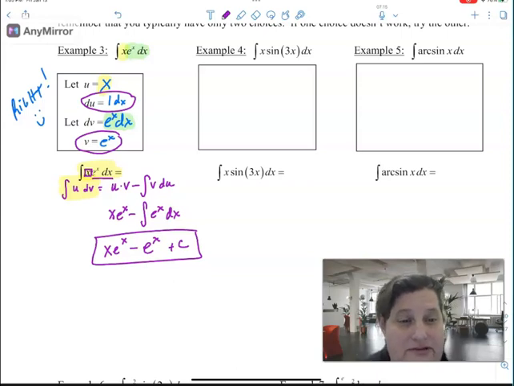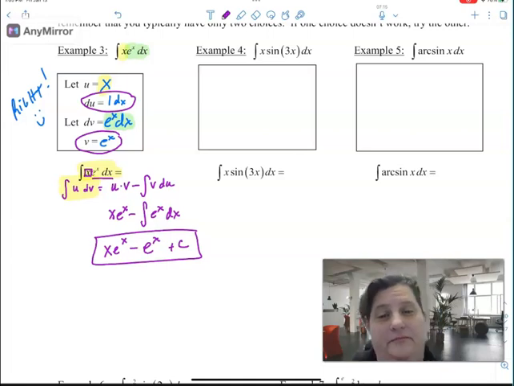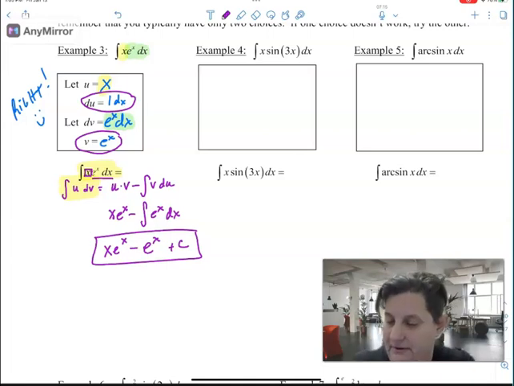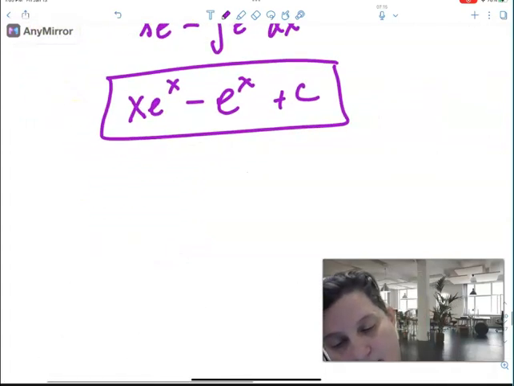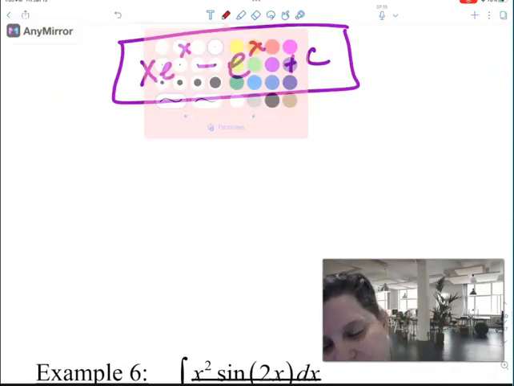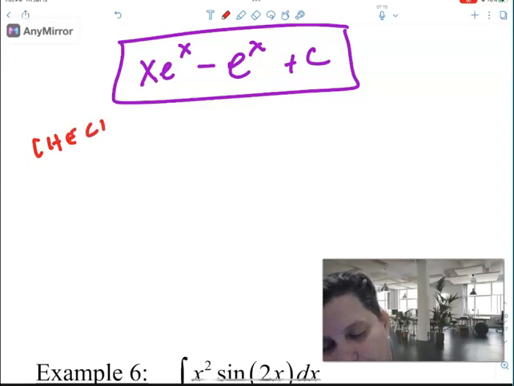You guys want to see kind of why this works? This part's pretty cool. You do not have to write this down if you don't want. Let's just take the derivative of this to check it.